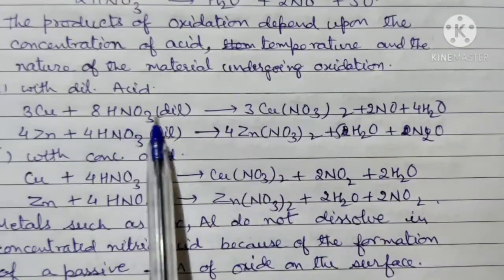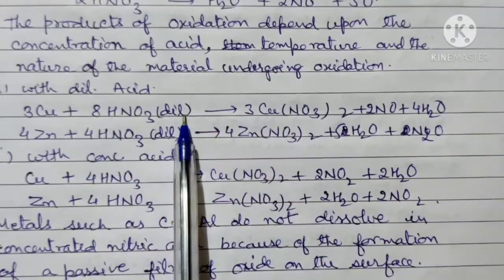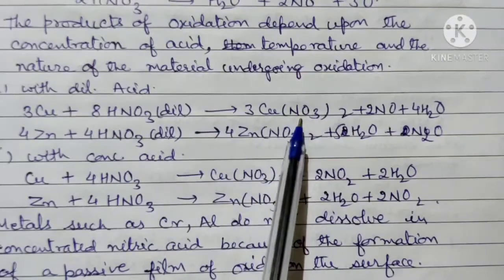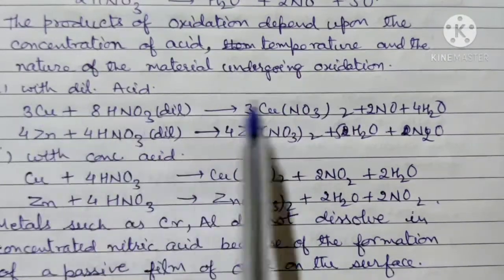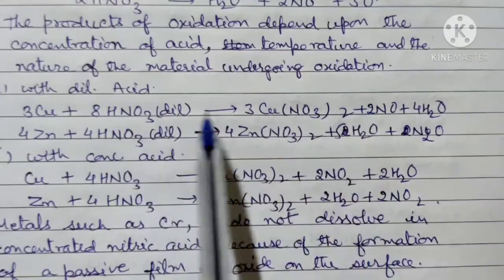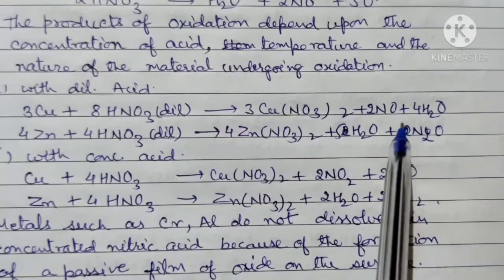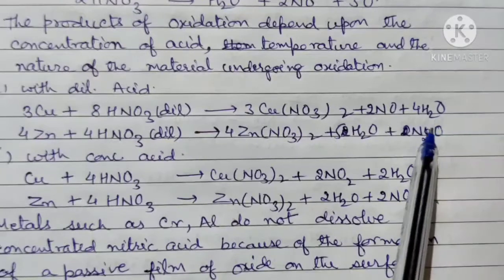So when copper reacts with dilute nitric acid, it forms copper nitrate, meaning nitric acid oxidizes copper to copper nitrate, and then nitric acid is itself reduced to nitric oxide and water.